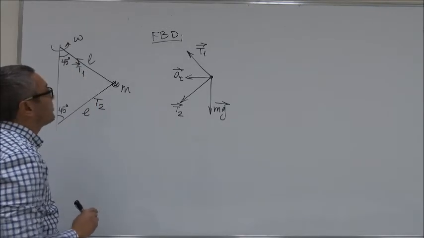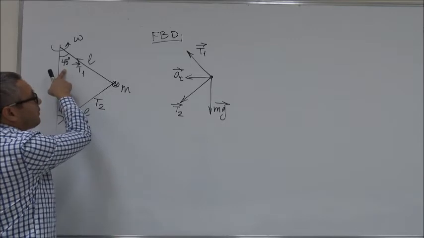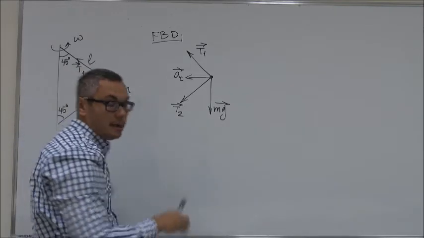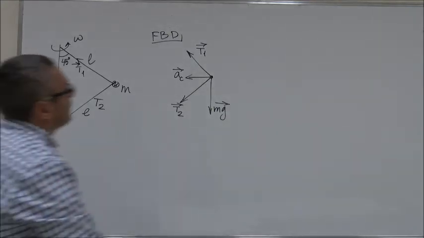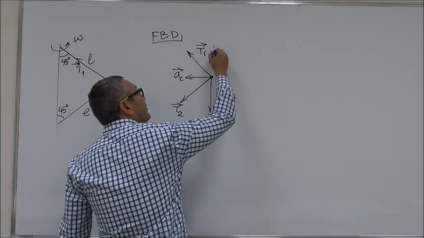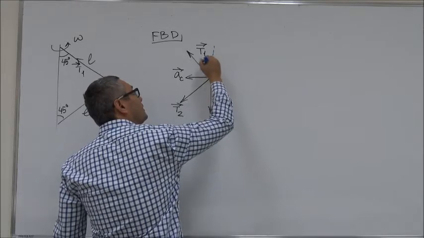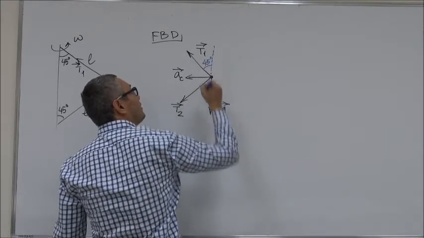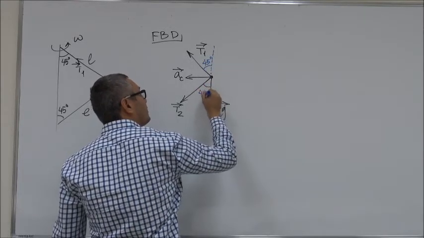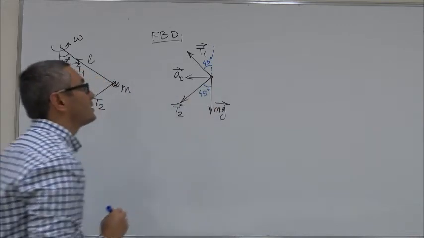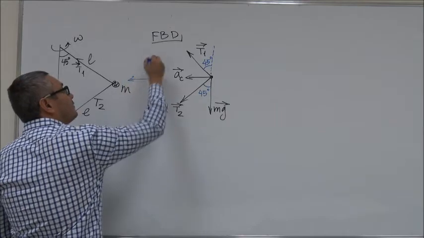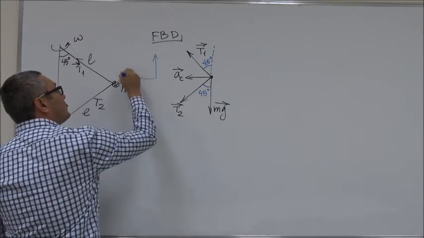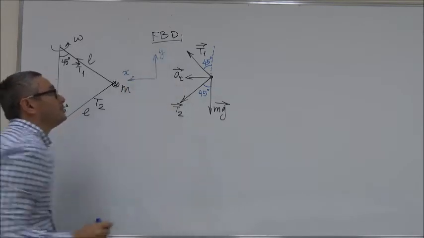First of all, remember that if this angle here is 45 degrees, then on this diagram, this angle here is also 45, and this angle here is also 45 degrees. Let's introduce x and y axes. Let's say that this is x and this is y.